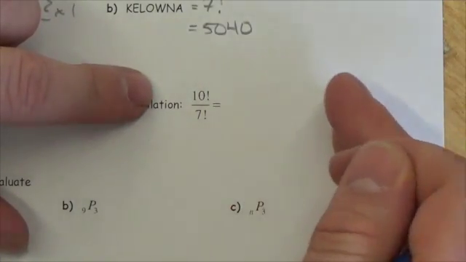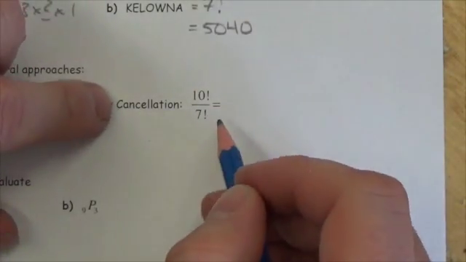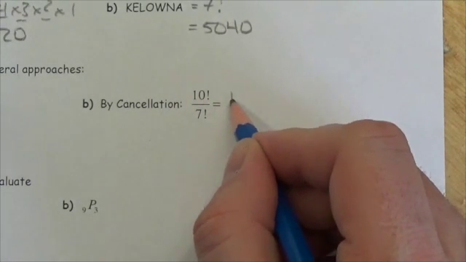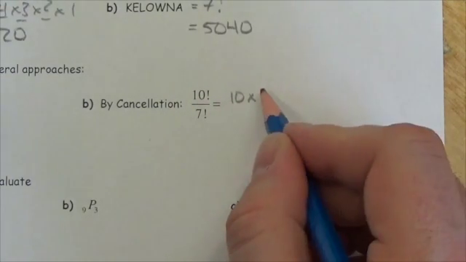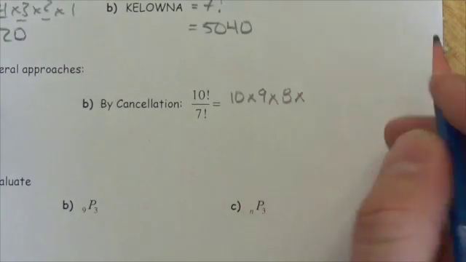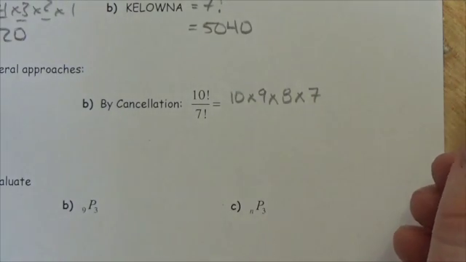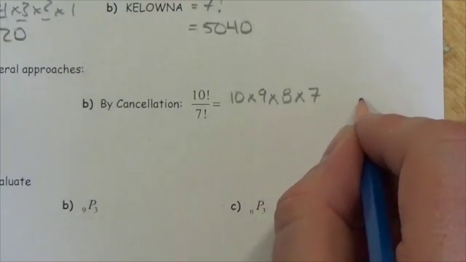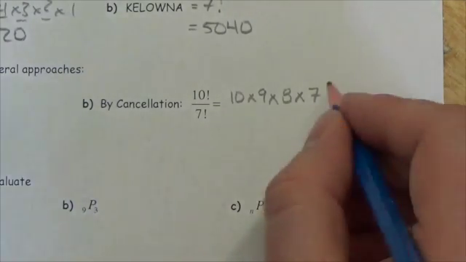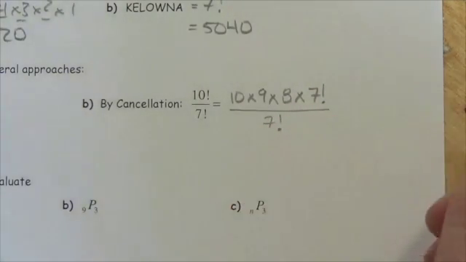So when you expand 10 factorial out, somewhere in there you're going to bump into 7 factorial. 10 factorial is the same as 10 multiplied by 9, the number 1 less, multiplied by 8, the number 1 less, multiplied by, now here's where the magic happens, 7. And then I'm going to keep going from 7 all the way down. So this is going to be 7 times 6 times 5 all the way down to 1. That's the same as 7 factorial. And I'm dividing this by 7 factorial.